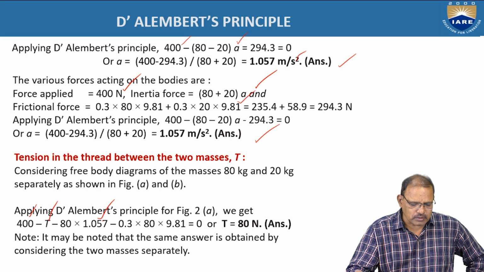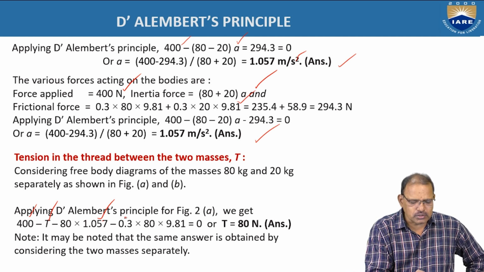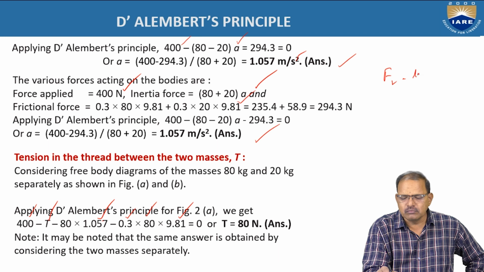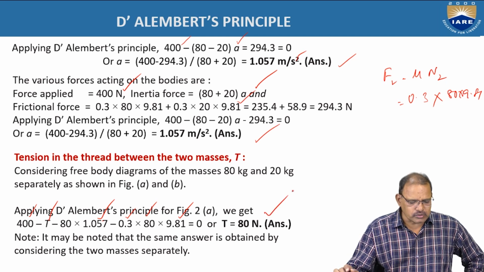Since we are considering the 80 kg body, it is equal to 0.3 into 80 into 9.81. That is, F2 is equal to mu into N2, where mu is 0.3 and N2 is balanced with the weight, which is 80 into 9.81. From this relation we get T equal to 80 newtons.